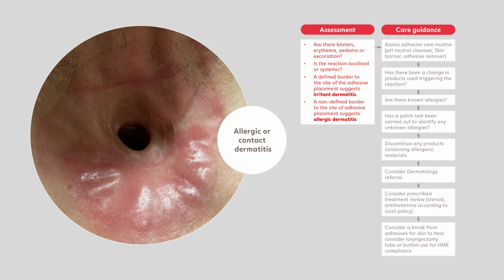A non-defined border suggests allergic dermatitis. There may be blisters, edema, redness, and/or excoriation. Look at whether the reaction is localized or systemic. Is it starting to spread beyond the peristomal area would be a question to consider.